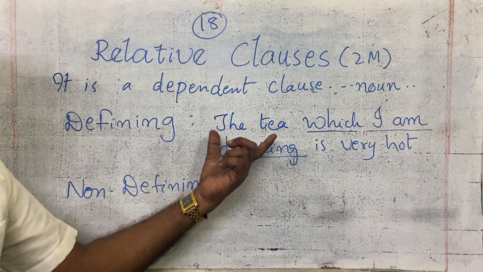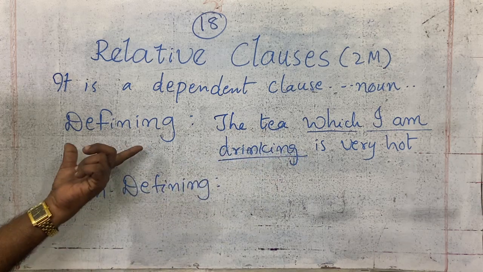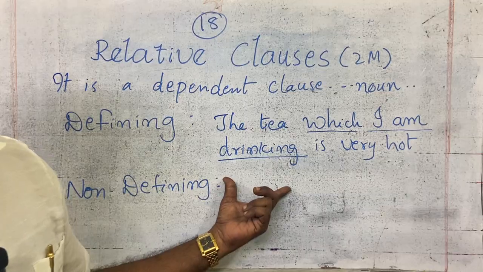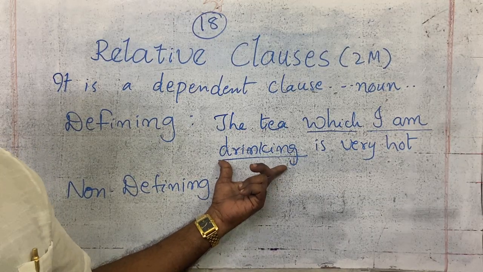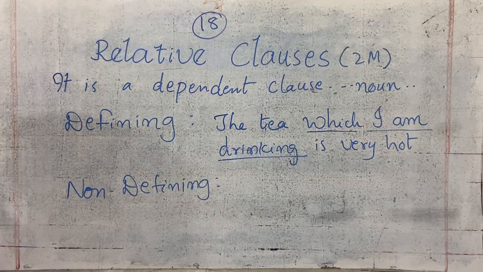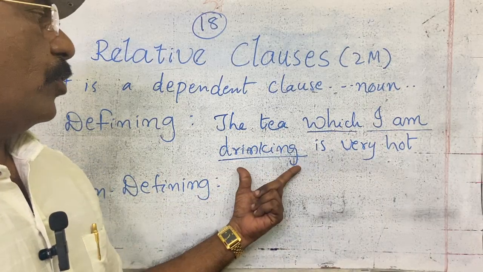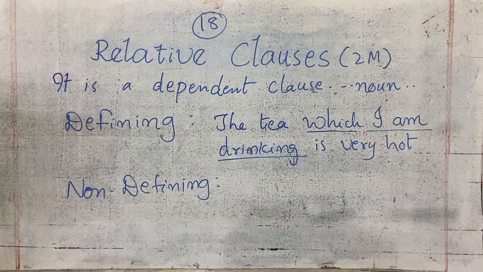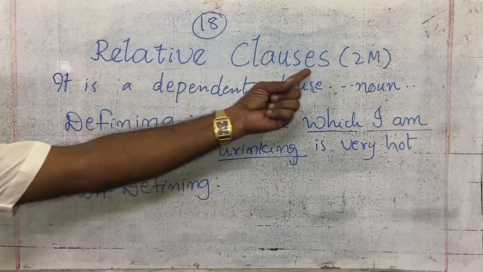So it is talking about the noun here. That's why it is called defining. If you remove this, main information is missing. It is defining more about the noun. So if you remove "which I am drinking", the main information is lost. That's why it is called a defining relative clause.